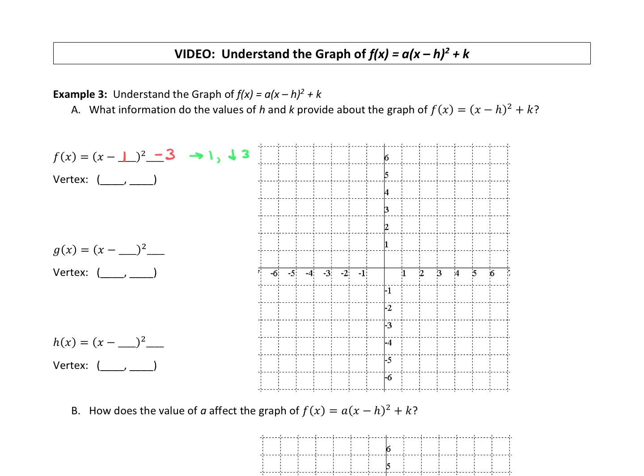So that is going to move your vertex from 0, 0 to the right one, down 3, the ordered pair 1, negative 3. Our a value is still 1, right in front of the parentheses is where we would find if that number changed at all, which just means that our graphing pattern is still 1, 3, 5.